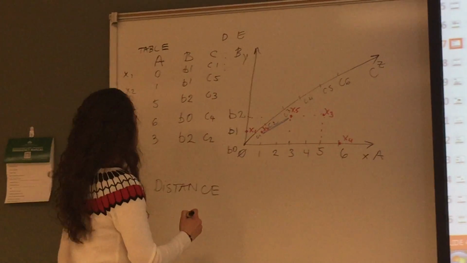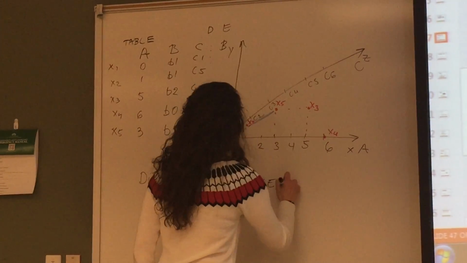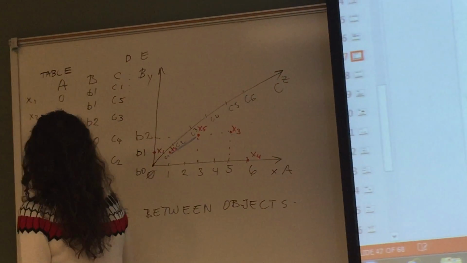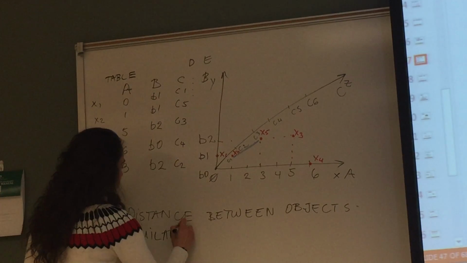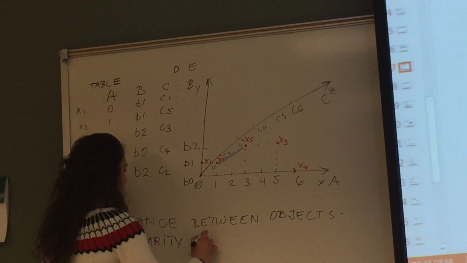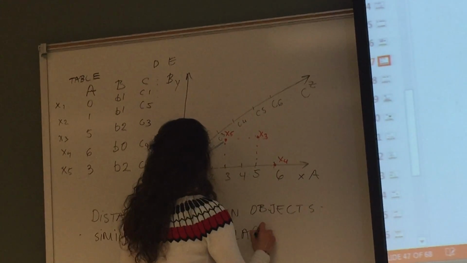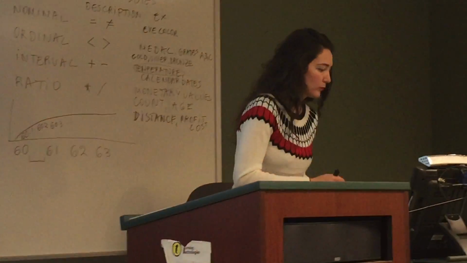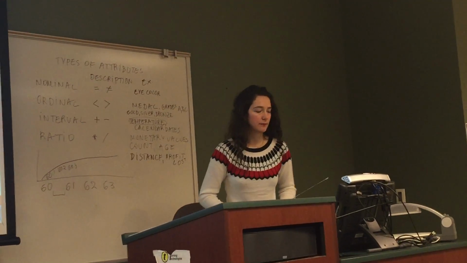Distance between objects can be used to calculate similarity or dissimilarity between the objects. Similarity is a numerical measure of how alike the two objects are.